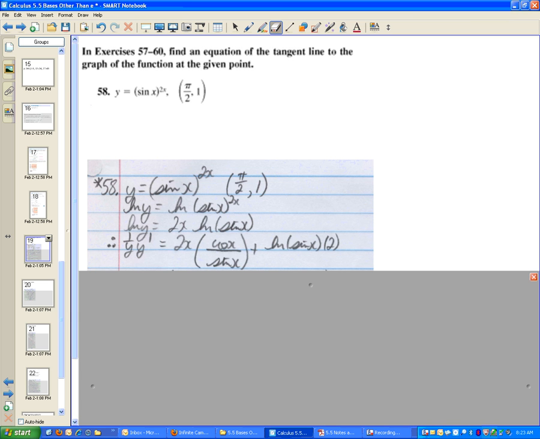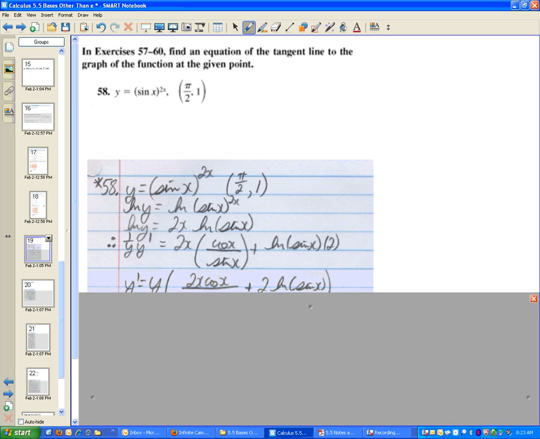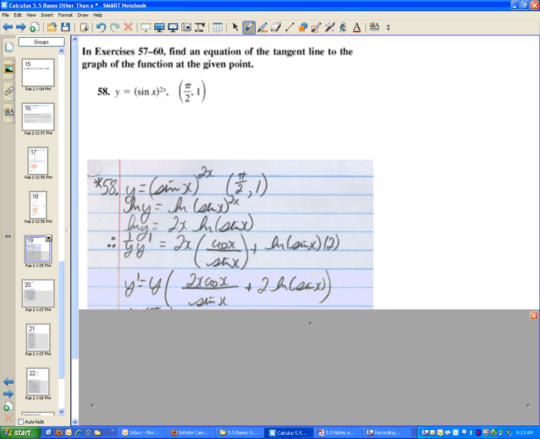Now, when we find the derivative, we need the y prime to be all by itself. So I've got a 1 over y over there with it. So what should I do to get the y prime by itself? Multiply by y. So when I multiply the left side by y, I'm just left with y prime.